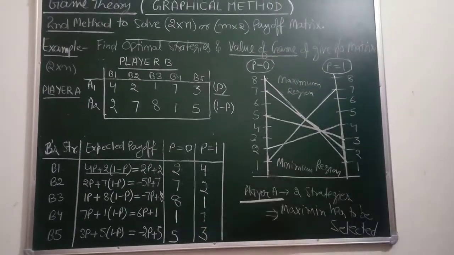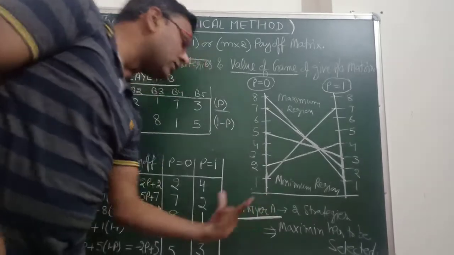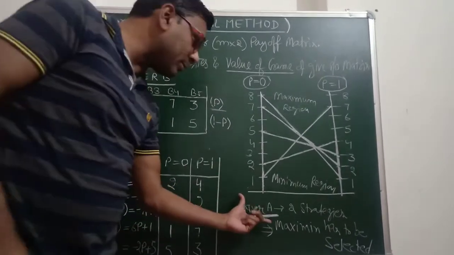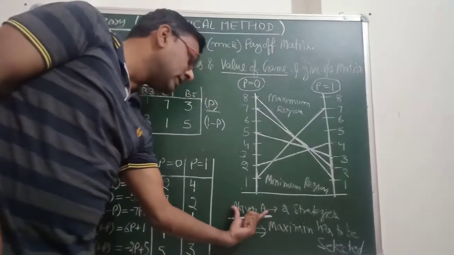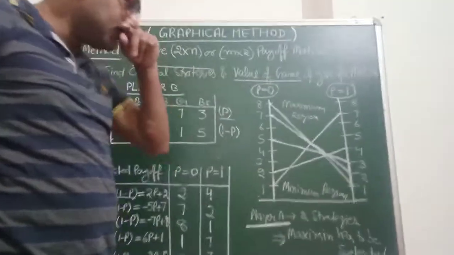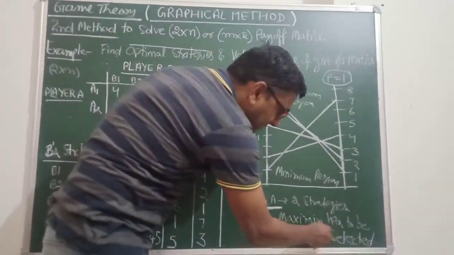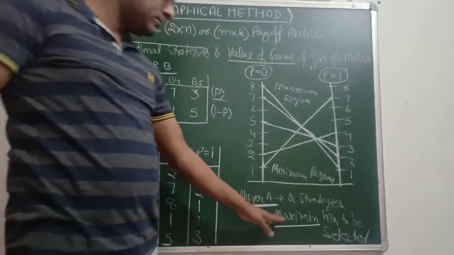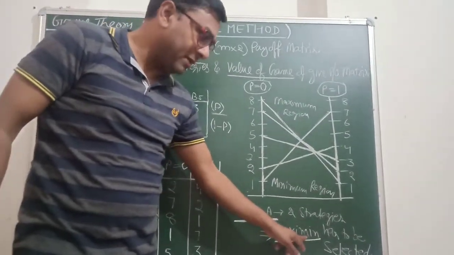Now after joining all these lines, you have to check whether player A is having 2 strategies or player B is having 2 strategies. In this case, you will see that player A has only 2 strategies. So what now we have to do? We have to choose the maximum, as A always tries to maximize its minimum gains.